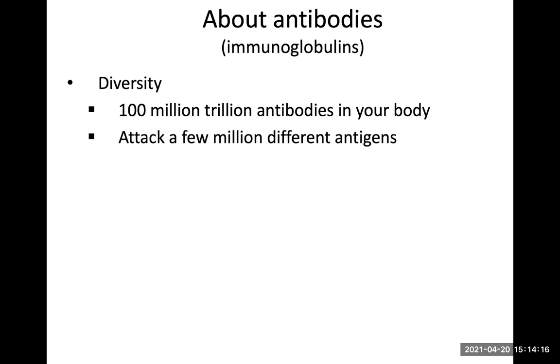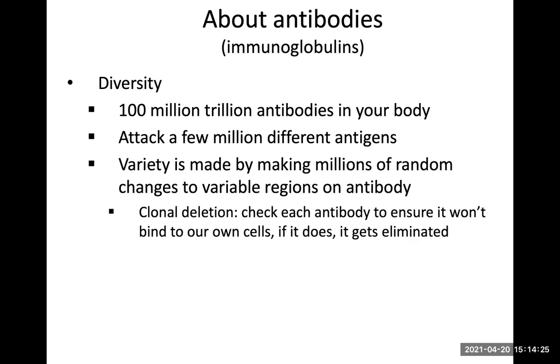We have the ability to detect about a few million different types of antigens, and this is due to that variety when we're producing our B cells, when we're producing our T cells, when they're gaining their receptors. Remember, we talked about there's a portion called the variable region.